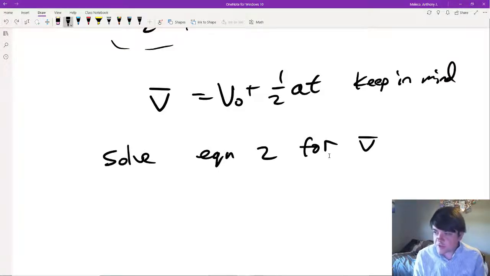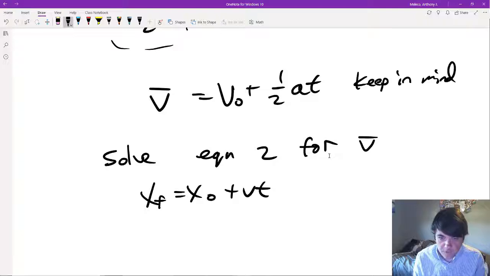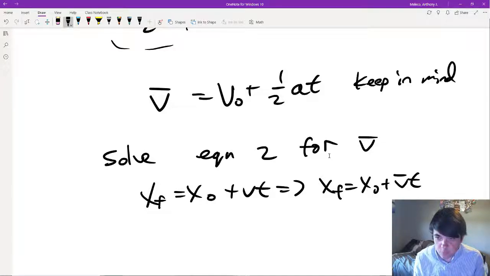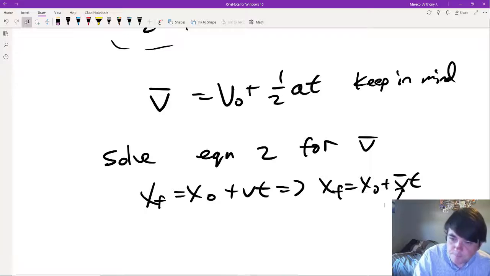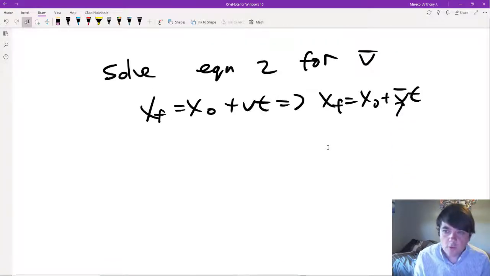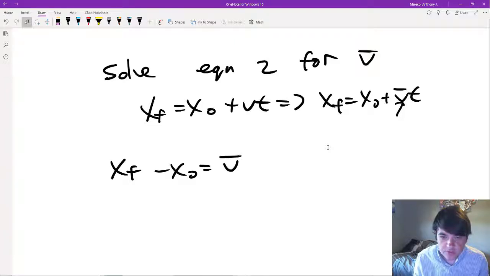Equation 2, if you remember, looked like this, where this can also be written with the average above it, and we're going to solve it for v. So x final minus x initial equals v bar t.